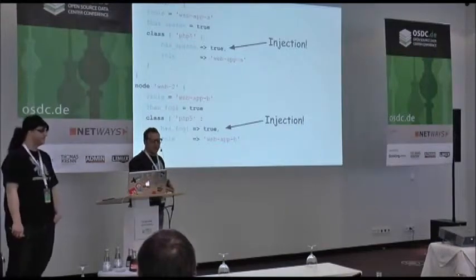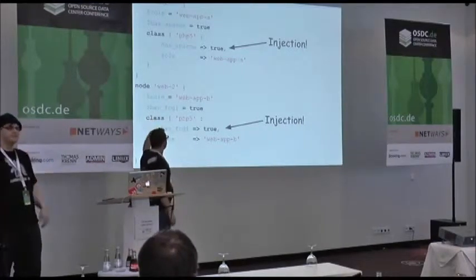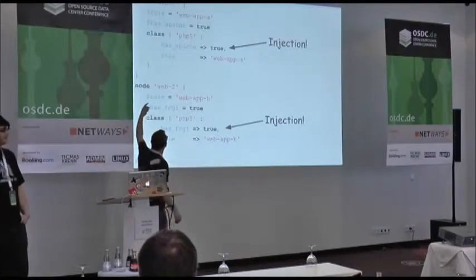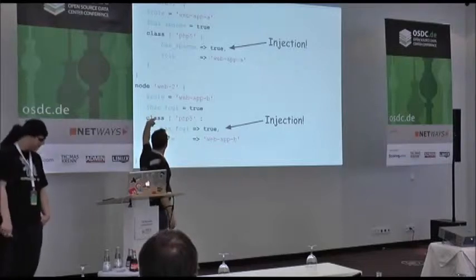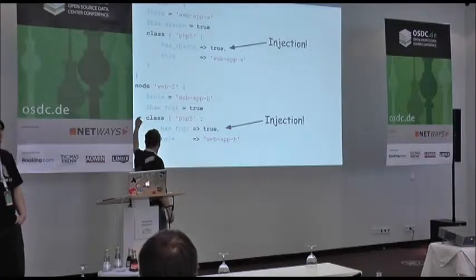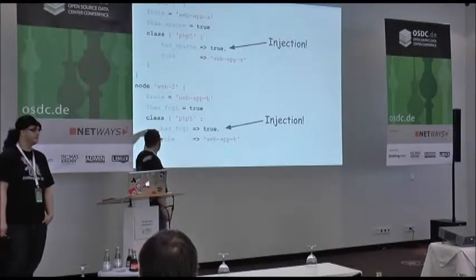And on the calling side, it looks like this. You just pass in the variables instead of calling it from the outside. So now your 2 nodes, like web 1 and web 2, still include the PHP 5 class, but they have these injections here.